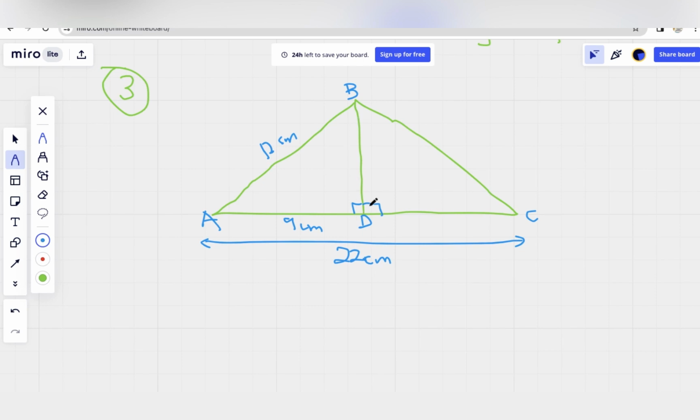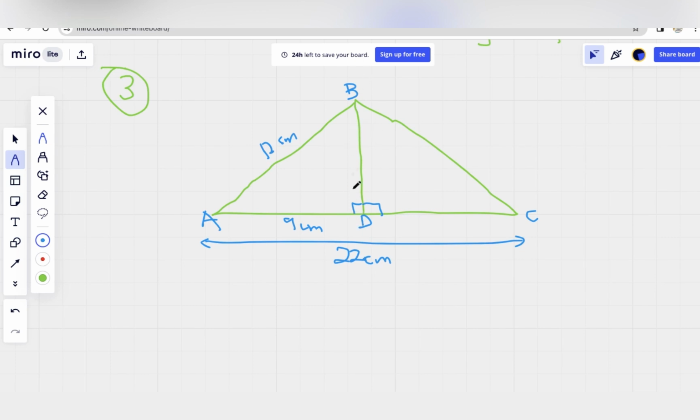So the first thing for us to find, this is a right angle, so this is the hypotenuse, this is the longest side. The first thing for us to find is this one. So we know this is the longest side. It's usually AD square plus BD square that will give rise to AB square. So here square plus here square.